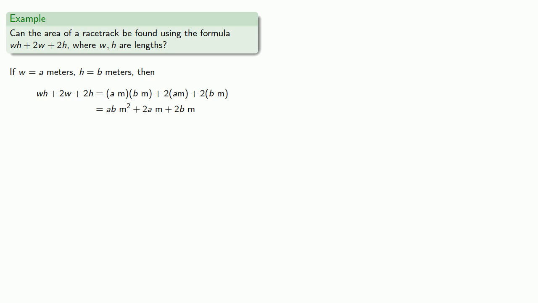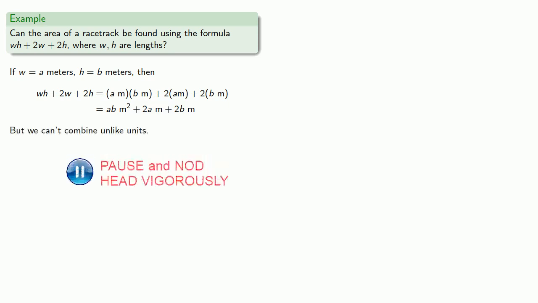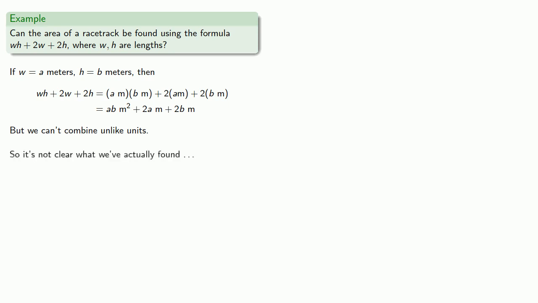So this is like having an x squared term and a couple of x terms. You can't combine unlike terms. You can't combine unlike units. So if you want to figure out what the units of the answer are, well, actually it's not clear what we've actually found, but we can definitely guarantee that it's not area because the units are not meters squared.